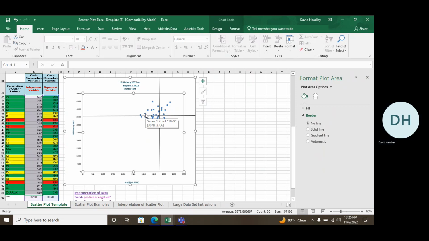It's really interesting for me to look at this and see the huge gap there. Before looking at this, I would not have assumed that if they're scoring a 4,000 on the history test, there's no way they would score a 3,200 on the English test.